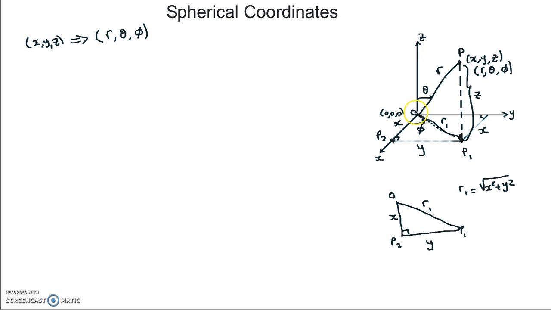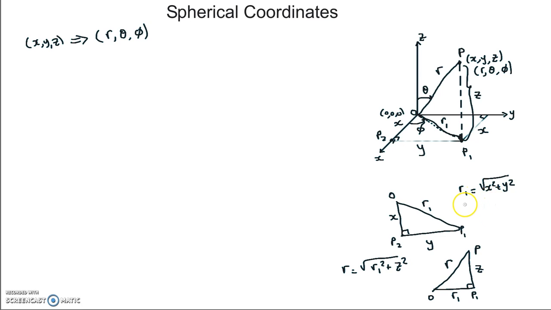Now let's look at the triangle O, P1, and P. P to P1 is perpendicular to the xy plane, so this is a right angle triangle. OP1 we call R1, and the length from P to P1 is the z-coordinate of our point P. We're trying to find R. Again, it's a right angle triangle, so R equals the square root of R1 squared plus z squared.